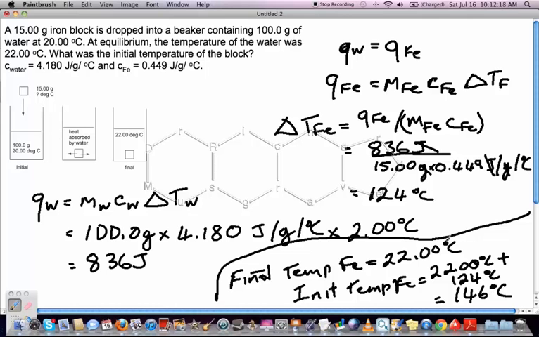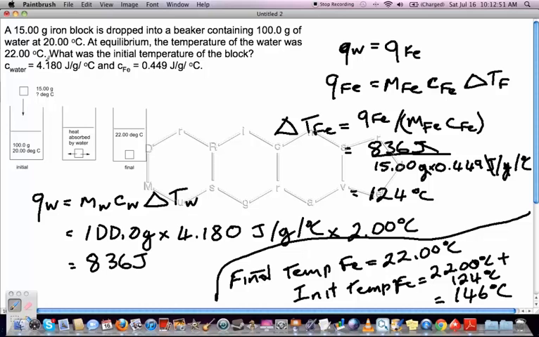Alright, so let me just go through and summarize what I did here. First of all, I figured out the amount of heat that was absorbed by the water. Now I know this heat was absorbed because the temperature of the water went up, and it went up by 2.00 degrees Celsius. Now the heat, 836 joules, was released by the iron. That's how I know that the temperature went down, because this heat was released, and it went down by 124 degrees Celsius.